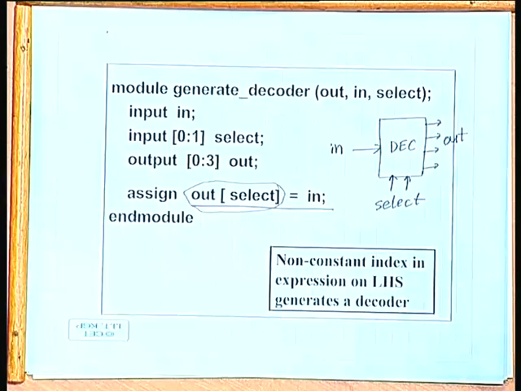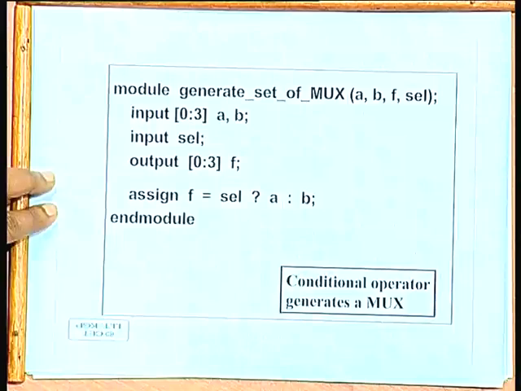Now, there are ways to generate, you can say, a set of multiplexers or a vector of multiplexers. Like I am giving another example. Say this.